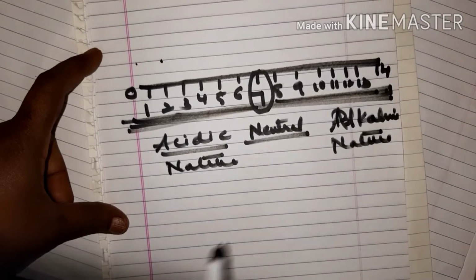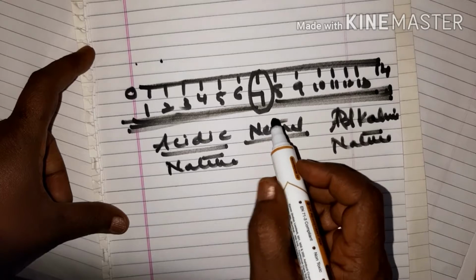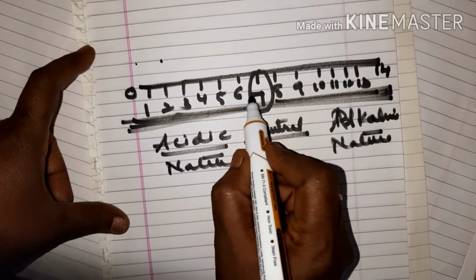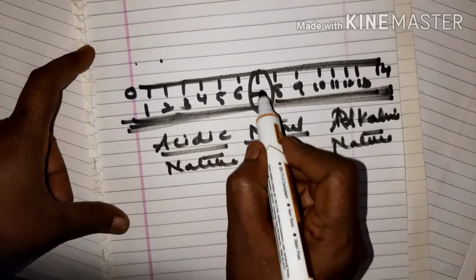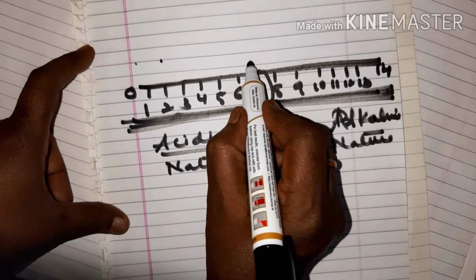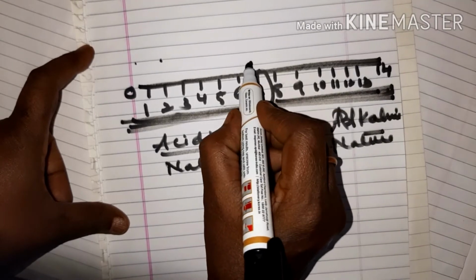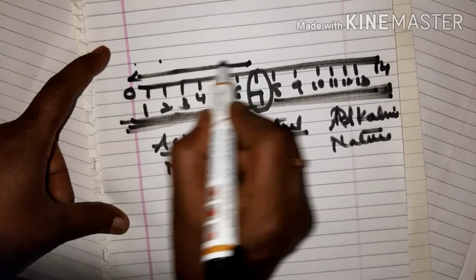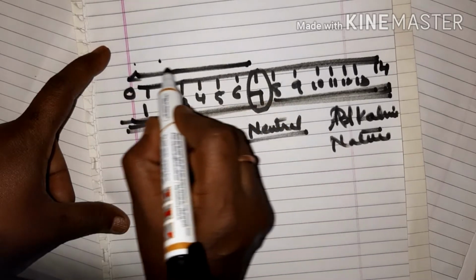You have to understand, children, these numbers from 6 to 1: the acidic nature increases as you go from 7 to 1.